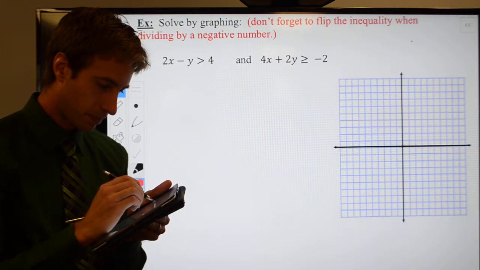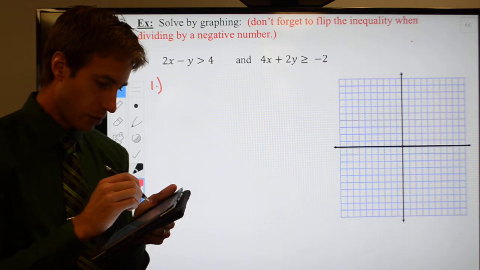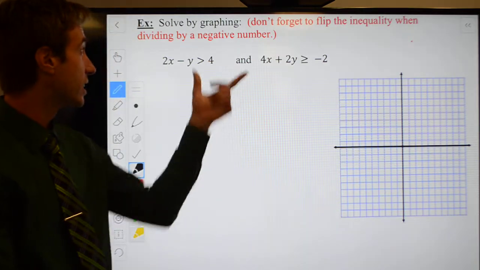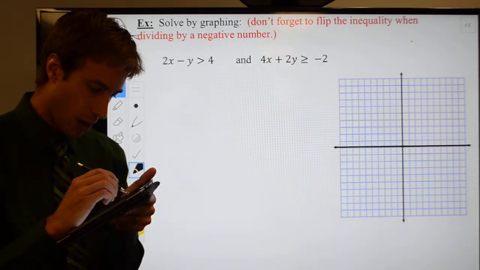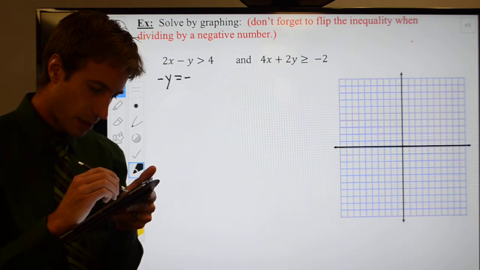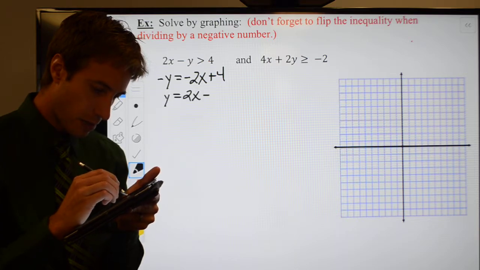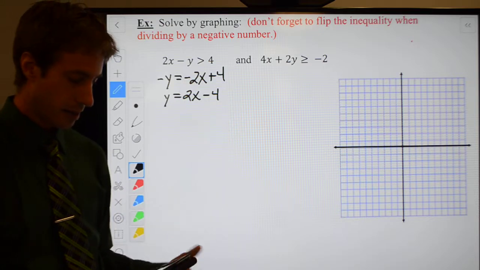Alright, step 1. Oh, hold up. No, wait. Before I can even do step 1, I actually need to solve these equations. These have not been solved for y yet. So we're going to need to do that first. We're going to wind up with negative y is equal to minus 2x plus 4, which means y would be equal to positive 2x minus 4 because I have to multiply everybody by the negative.